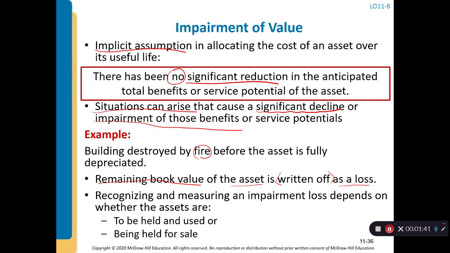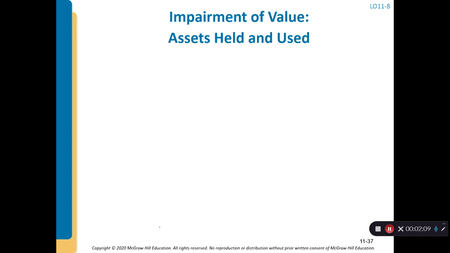Because it's not the old building anymore, it's destroyed. You also want to recognize and measure the impairment loss depending on whether the asset is still to be held and used, or being held for sale. These are two different cases. If you still want to hold the building for the purpose of reconstructing it, the treatment of impairment is different from if you want to sell that building.